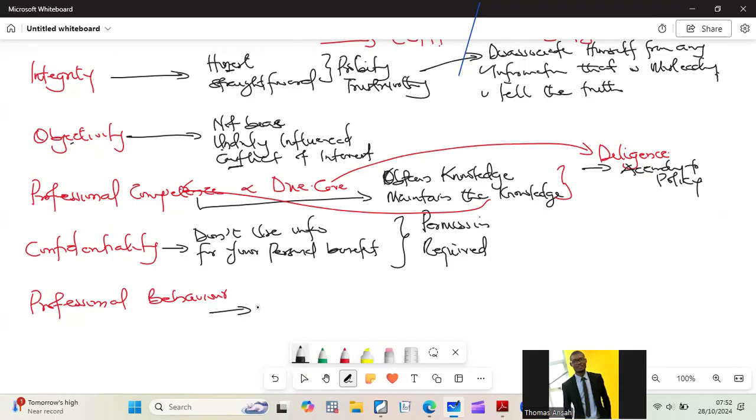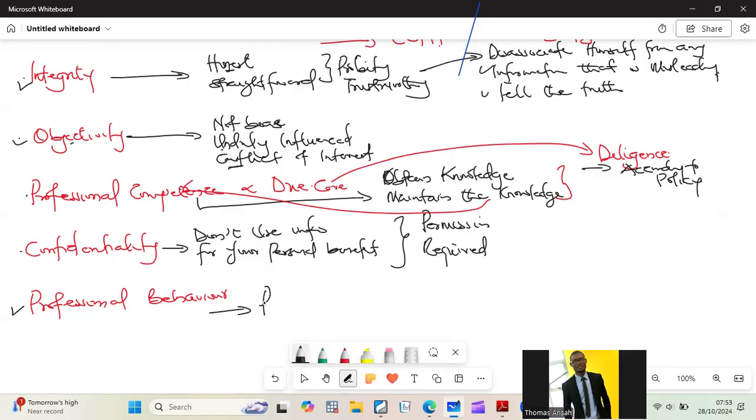So here it's about you not bringing shame to the profession. And all these things, if you do them, will do that. So the moment you find integrity in a question, automatically professional behavior is in the question. If you find objectivity, automatically professional behavior is there. All these things that we want you to do, it is professional behavior.